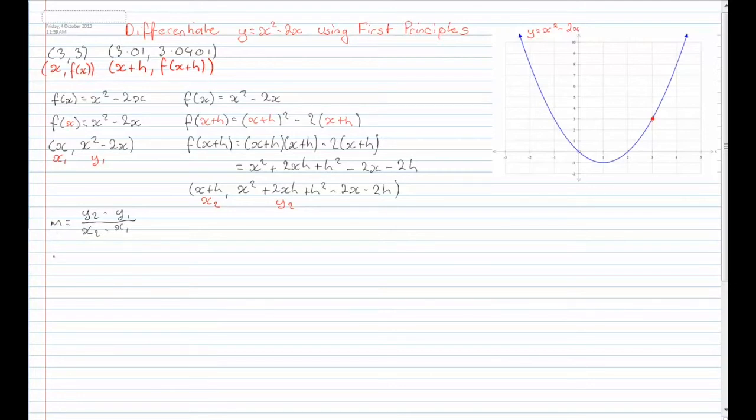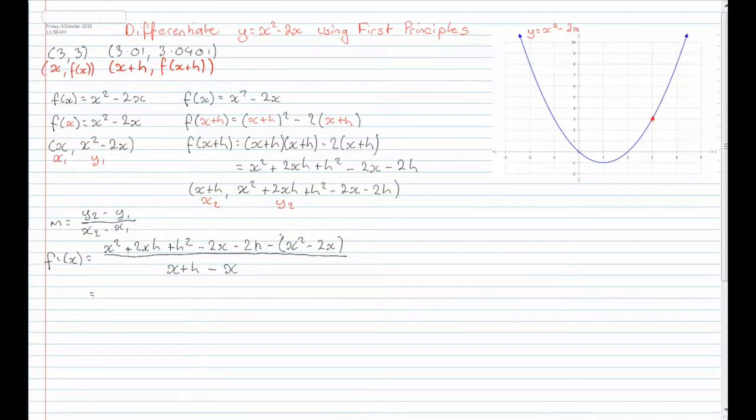So what we actually call it, instead of m now, we call it f dashed of x, and that will be equal to y2, being x squared plus 2xh plus h squared minus 2x minus 2h, minus y1, which is x squared minus 2x in brackets because we're minusing the whole part of it, over x2, x plus h, minus x1, which is x.